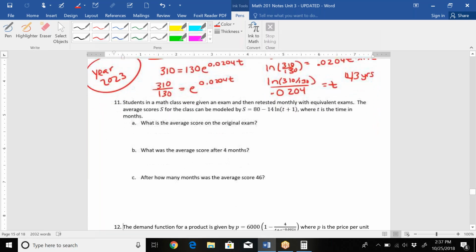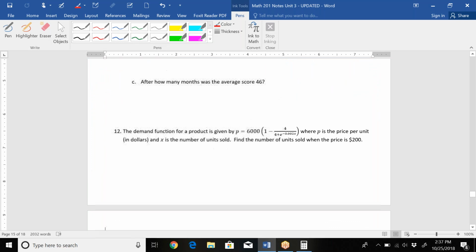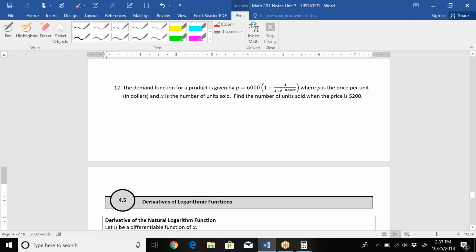Okay, we did 11 in class, so now we're going to do 12. It says the demand function for a product is given by this following formula, where P is the price per unit in dollars and x is the number of units sold. Find the number of units sold when the price is 200. So we're plugging in 200 for P. So 200 equals 6,000 times (1 minus 4 over 4 plus e to the negative 0.002x).